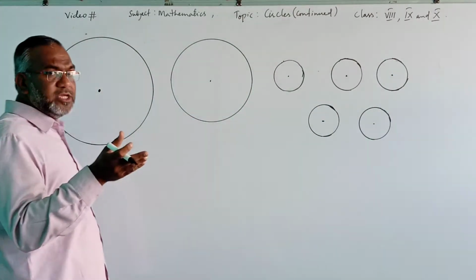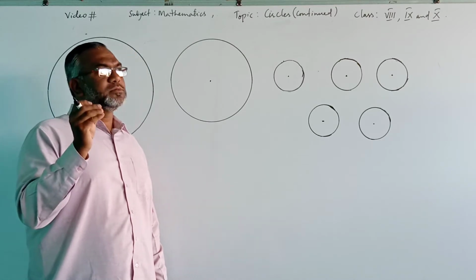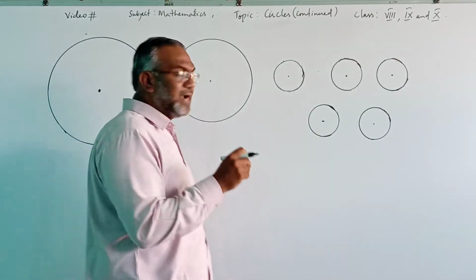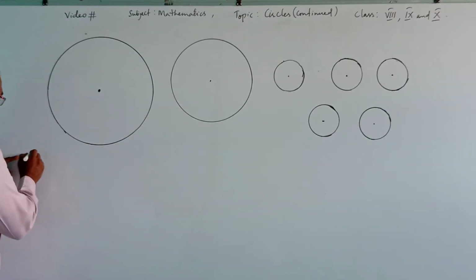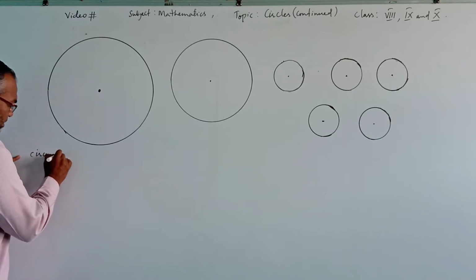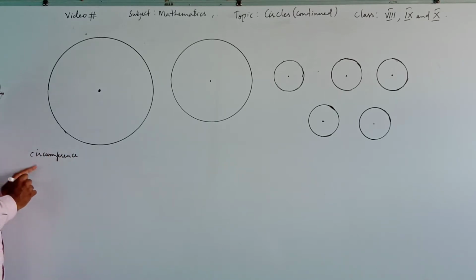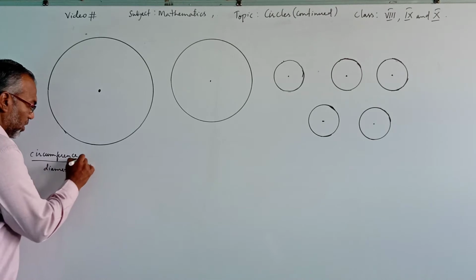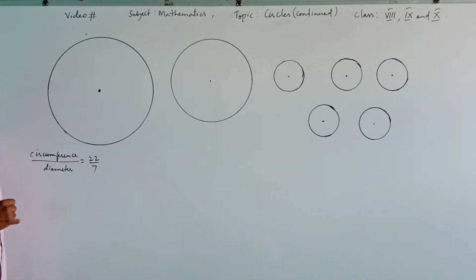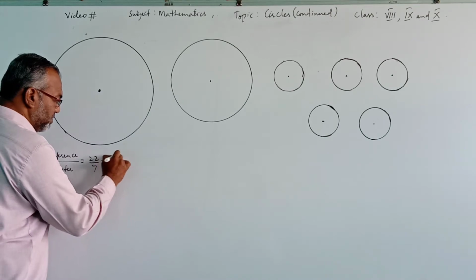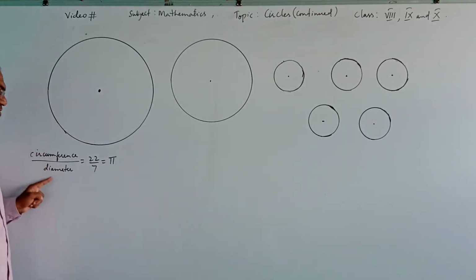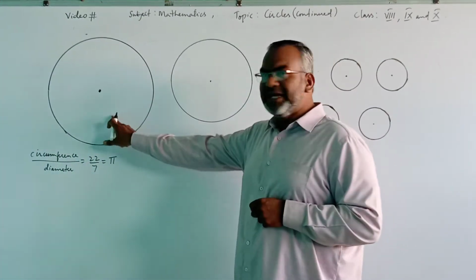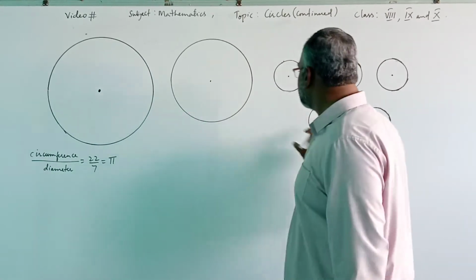Yesterday I showed you how pi was discovered. Pi, we all know that. Yesterday we discussed circumference of any circle. Circumference of any circle divided by its diameter always gives you 22 divided by 7, which is pi. That may be a big circle or a smaller one or a very small circle.